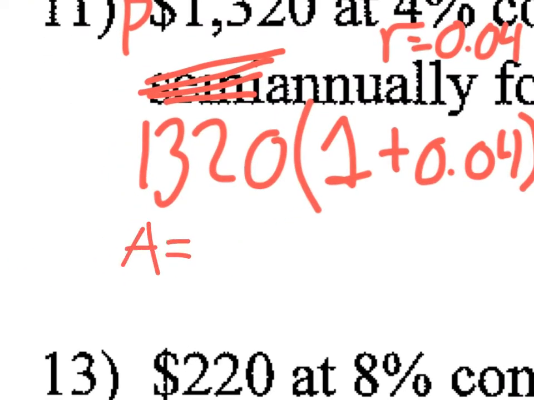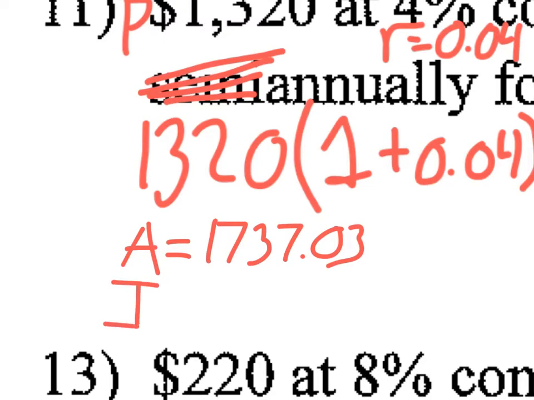So our amount is $1,737.03. Now our interest is not the total amount. We've got to take our principal away from that total amount to know how much interest we were left with. So I'm going to take, I'll do this in a different color, 1,737.03.